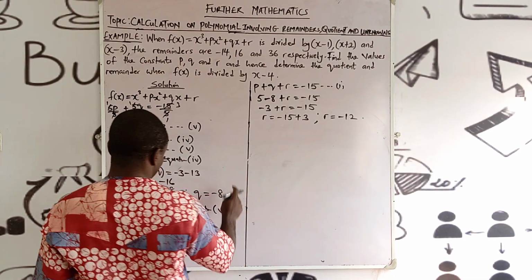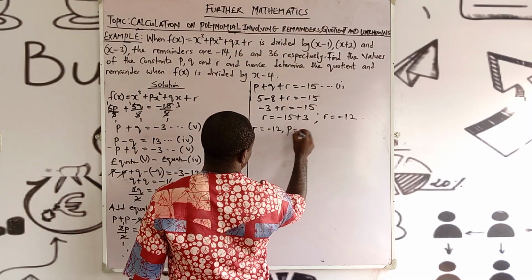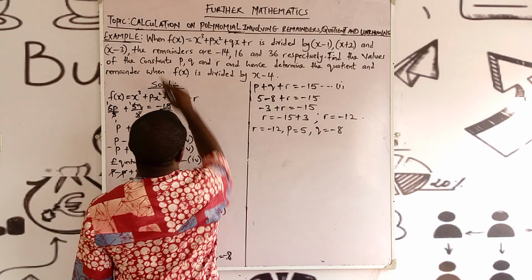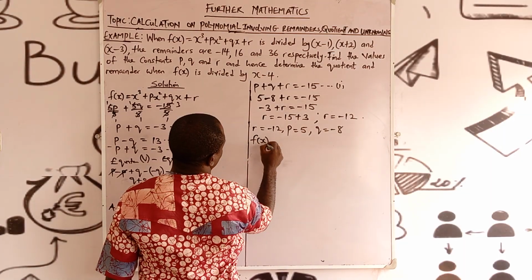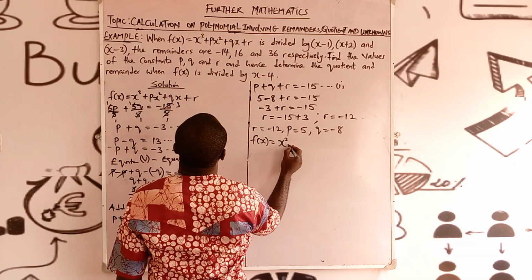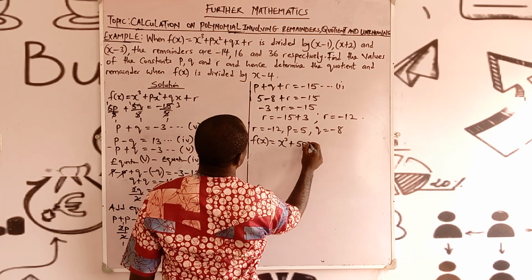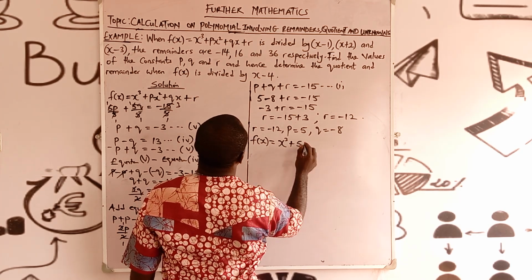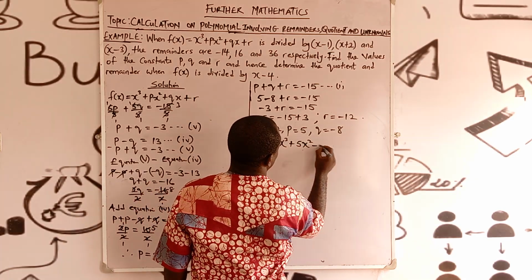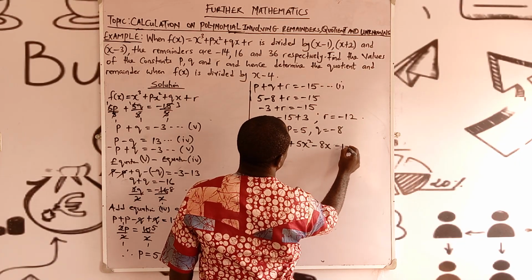Now let's substitute those values. r equals minus 12, p equals 5, q equals minus 8. Now let's go to our f of x. Our f of x equals x cubed plus 5x squared minus 8x minus 12.